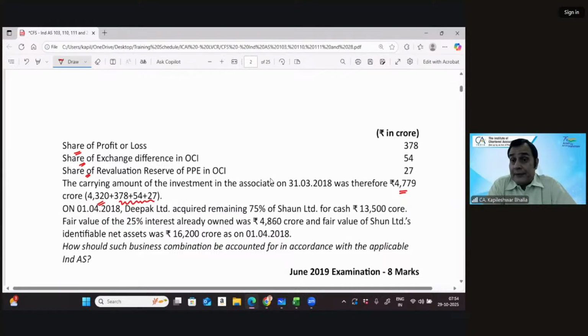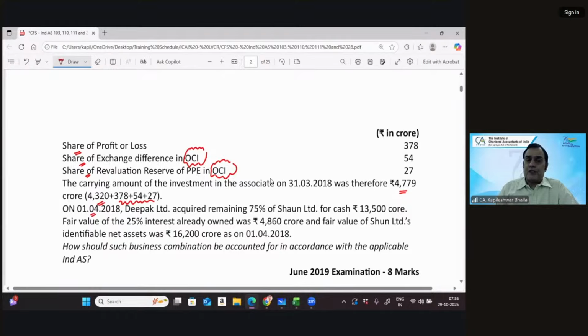So one thing is very clear, that due to the application of the equity method, there are two balances accumulated in the OCI. One is the exchange difference arising on account of Ind AS 21, and one is a revaluation reserve, which is accounted as per Ind AS 16. Quick questions coming to you very soon.